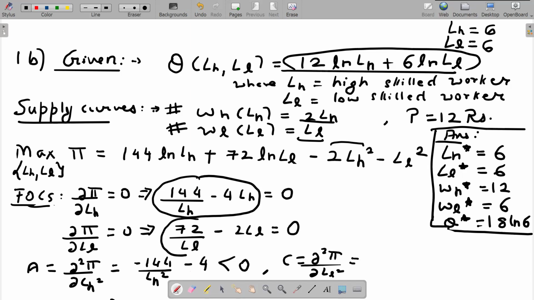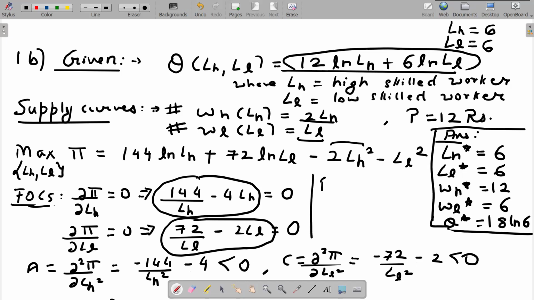That means if I differentiate this partially again with respect to LL, I get minus 72 over LL square minus 2, which is again negative. And then I find the B term, which is del square pi over del LH del LL. That means I'm differentiating this term with respect to LL. So it's 0 because there is no LL here. So the cross partial derivative is 0.